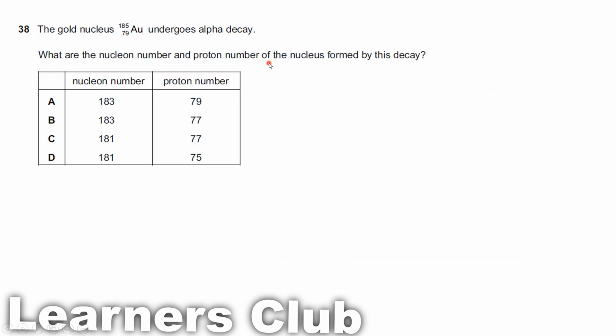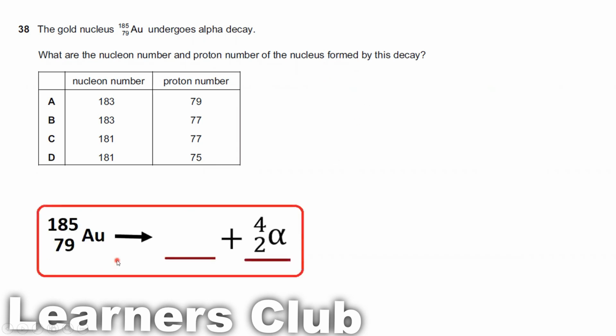option D. Question 38. A gold nucleus undergoes alpha decay. What are the nucleon number and proton number of the nucleus formed by this decay? So we have a gold nucleus. When it undergoes alpha decay, alpha is a helium nucleus which has a charge of +2 and a nucleon number of 4.